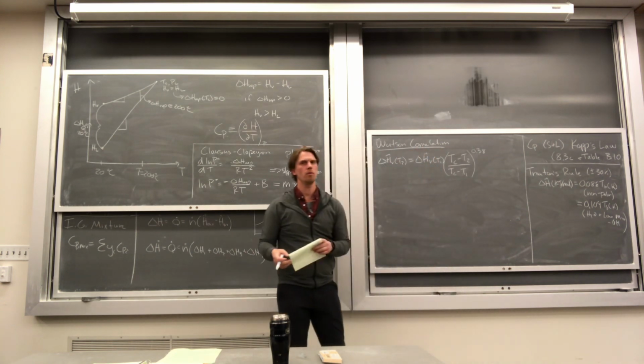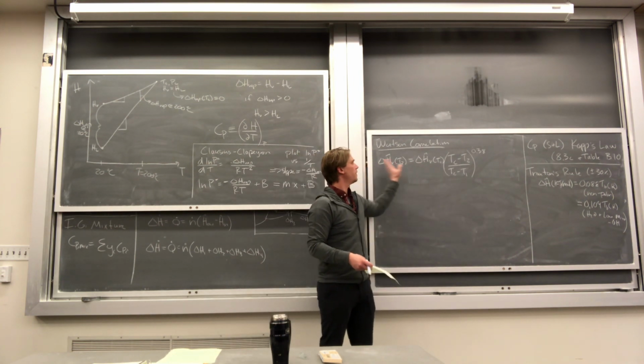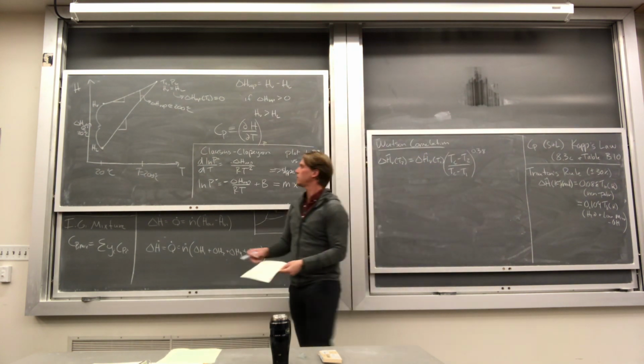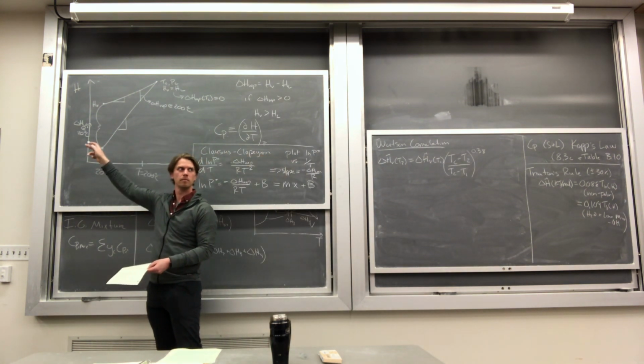So if you know the normal boiling point's temperature and heat of vaporization, this is a correction factor to basically slide you up or down this scale here.